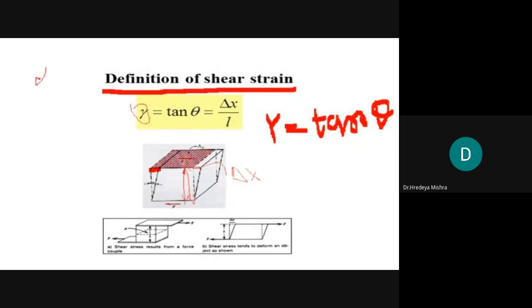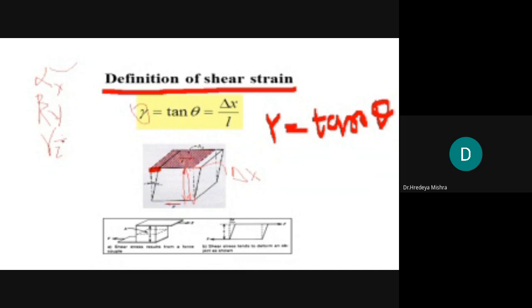Normally we represent angles as alpha, beta, gamma, like that. Alpha is shear in the x direction, beta is shear in the y direction, and gamma is shear in the z direction. So we can say this is z, this is x, and this is y.